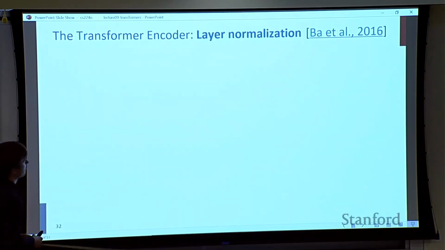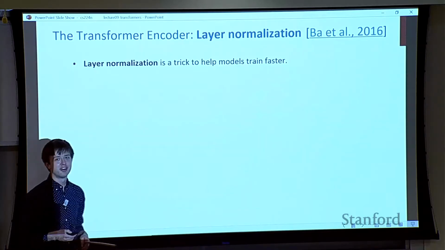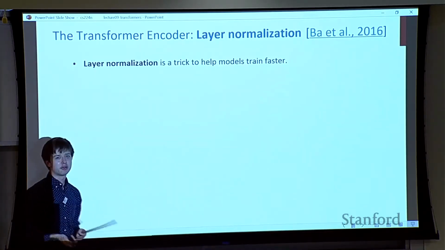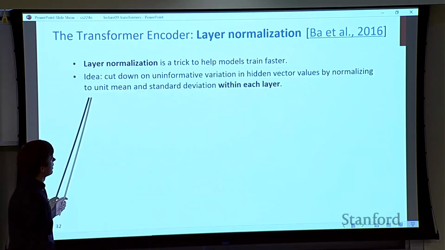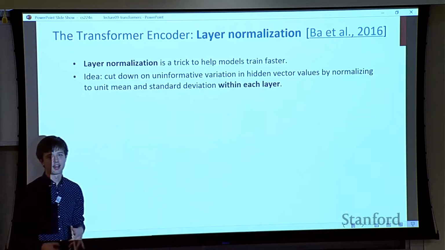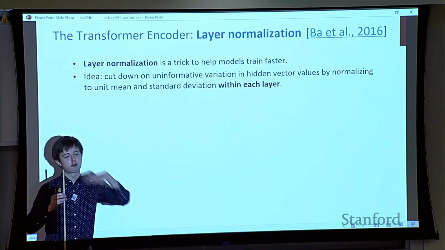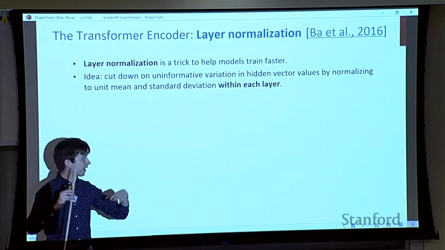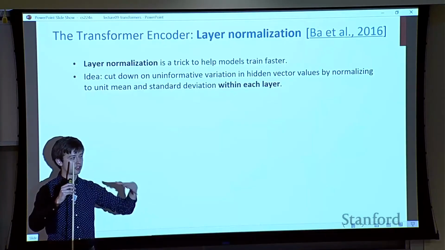So in layer normalization, we're doing something similar. We're trying to help the network train better, but we're doing it via a pretty different intuition. Layer normalization is thought to say, at different times in my network, when I'm doing the forward pass, there's a lot of variation in what the forward pass looks like, and a lot of it is uninformative, and that can harm training.